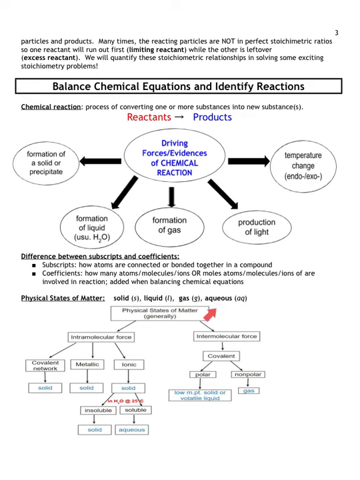Physical states of matter. There are 3. Because driving forces involve physical states of matter, it's important for us to identify physical states of matter. Solid is always denoted by S, liquid L, gas G, and aqueous is another state of matter, and it's usually an ionic compound dissolved in water. So the word aqueous is suggestive of an ionic compound.